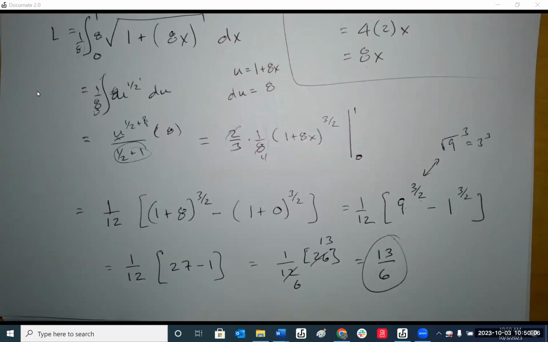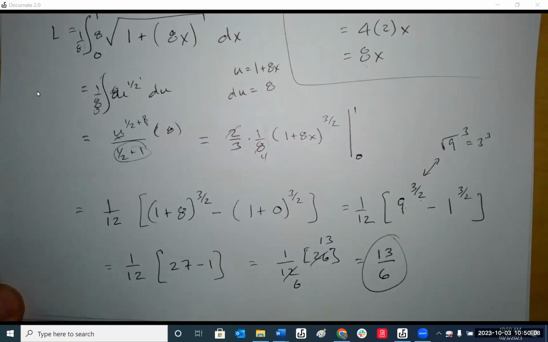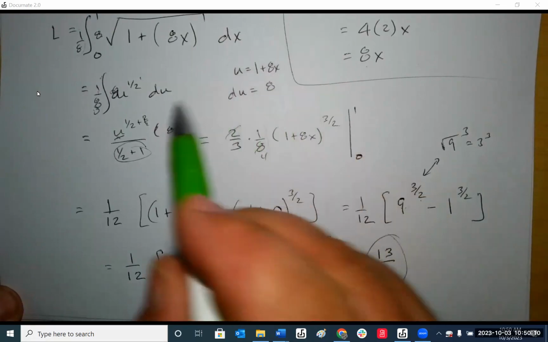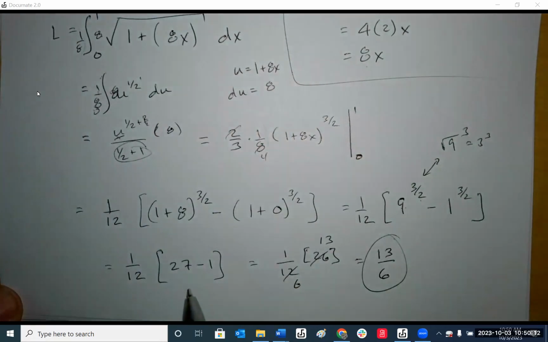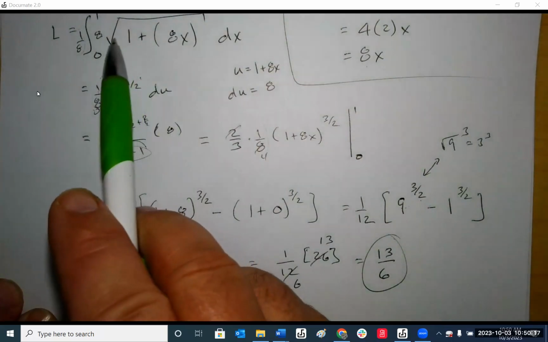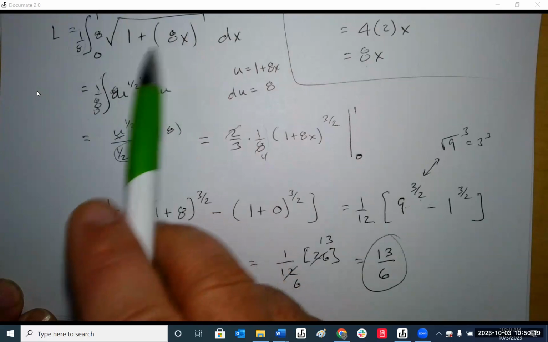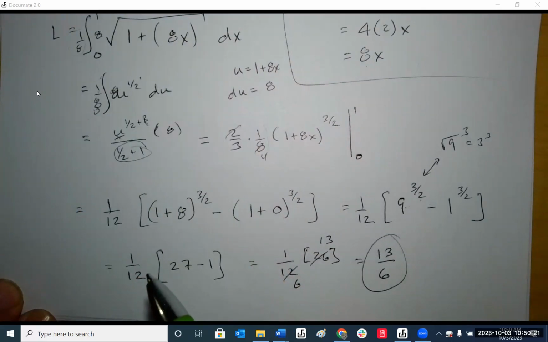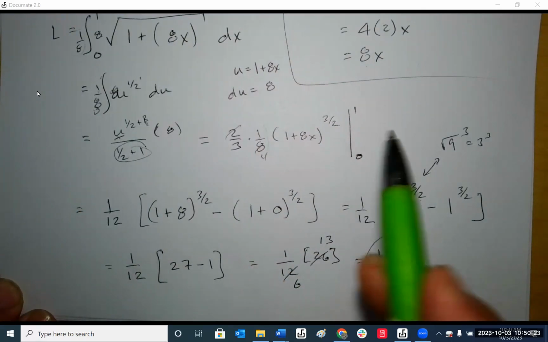Any questions about it? So the hardest part is remembering that you use substitution if you have to. Again, if this formula is in your chart somewhere, the cheat sheets, you can use those as well.